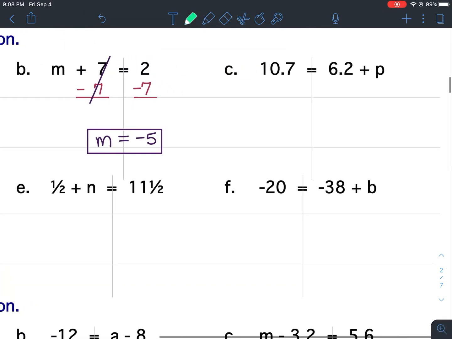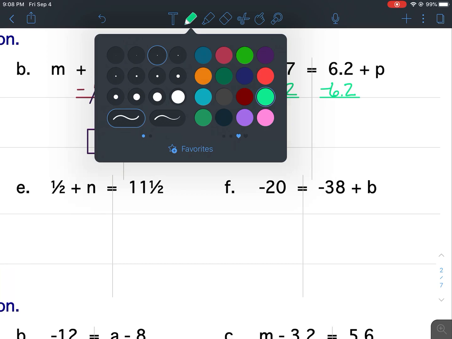For C, I want to isolate the p. To isolate the p, I need to get rid of the 6.2. The inverse operation, or the opposite operation, would be the negative 6.2 or minus 6.2. Remember, negative and minus are the same thing. So I'm going to subtract 6.2 from both sides.